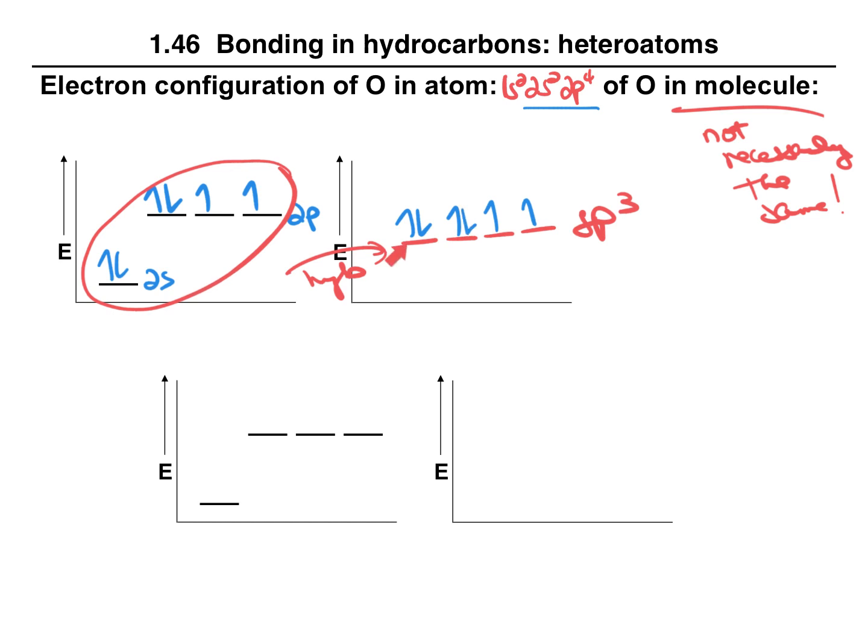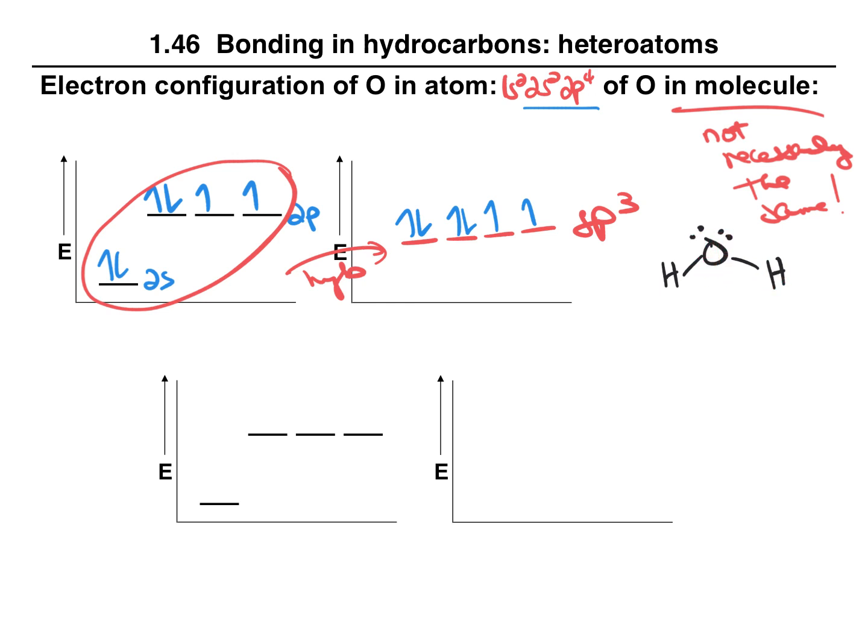Filling in our electrons, we have 6 valence electrons, so 1, 2, 3, 4, 5, and 6. So notice we have 2 filled orbitals. This would be a lone pair, and this would be another lone pair. And then we have 2 half-filled orbitals, which means that oxygen can form 2 bonds. So if we were looking at a molecule of water, for example, this oxygen is connected to 4 groups.